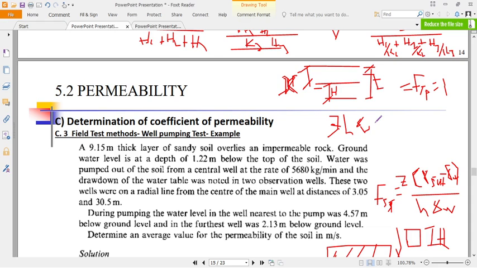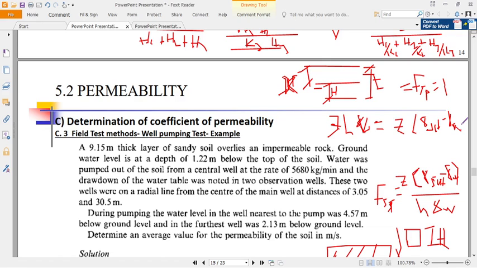Now for the pressure, which will be there, times 3 times H should be equal to Z times the saturated unit weight minus the unit weight of water, W. Is that okay?